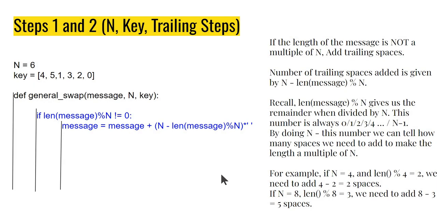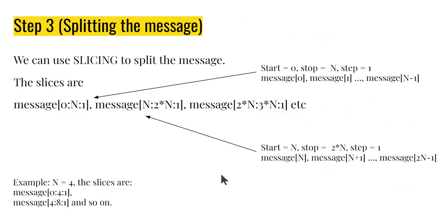Now, having done this, let us think about how I can split this message. Like I said, we can use slicing for this purpose. Basically, as we saw in the picture earlier, I'm just dividing my message into many slices, and these are basically slices like message 0 to n. Now remember here, it's start, stop, step.